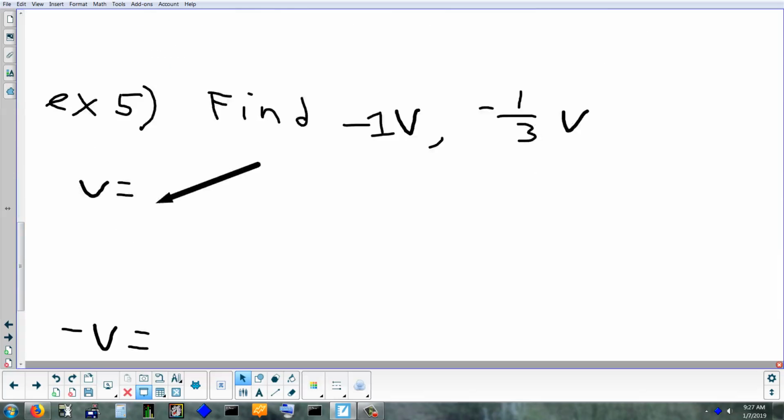Let's do v and negative v. Corey, what's going to happen here? It's going to change direction. Anything else? Kind of short. For which one?